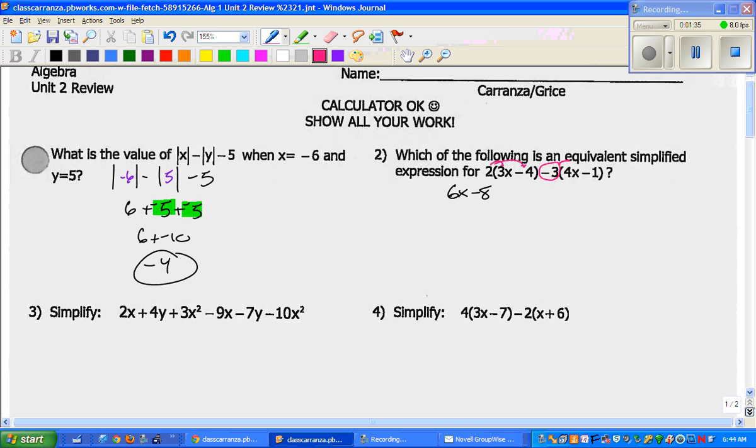And once again, whatever's on the outside, this time we're distributing a negative 3. We get negative 12x plus 3. All right, let's look for like terms that we can combine. 6x minus 12x is negative 6x, and negative 8 plus 3 is negative 5.